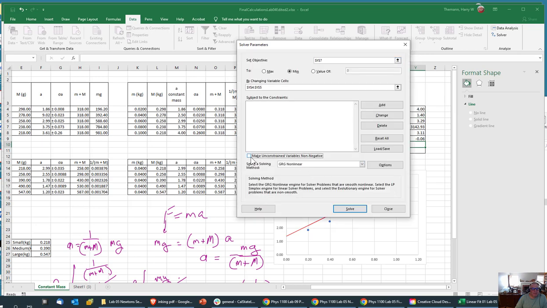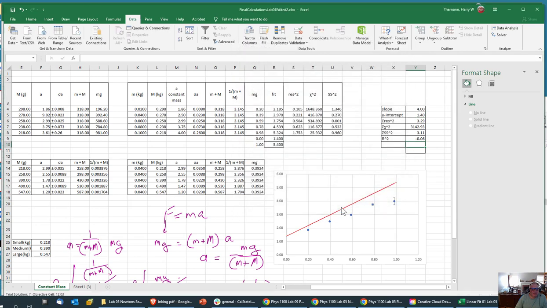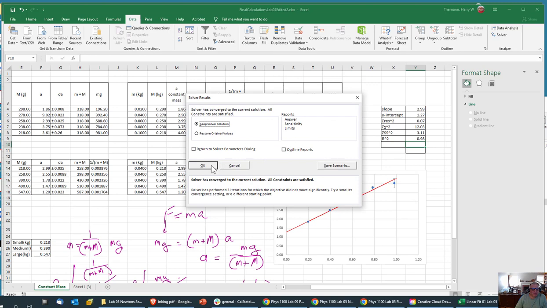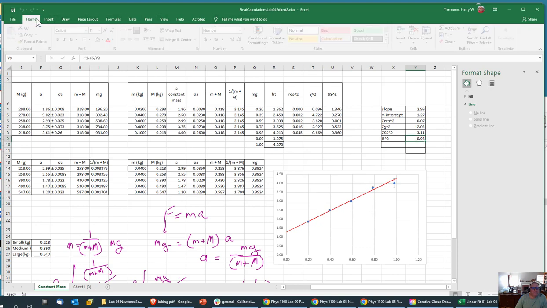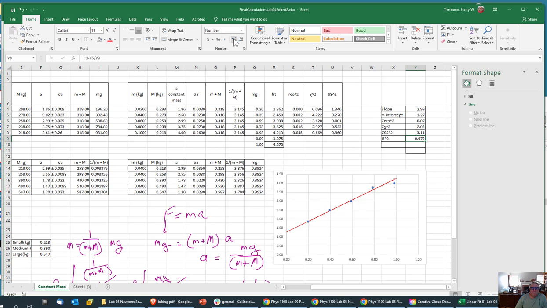We solve, ooh, and look at that, we got a great fit. And now our R squared, and it's standard to leave this as 4 decimal places. That's pretty darn nice. So what's left is to do the plus minus slope.